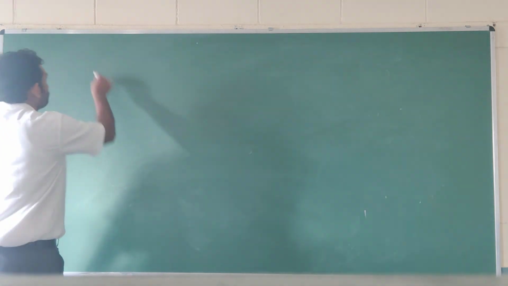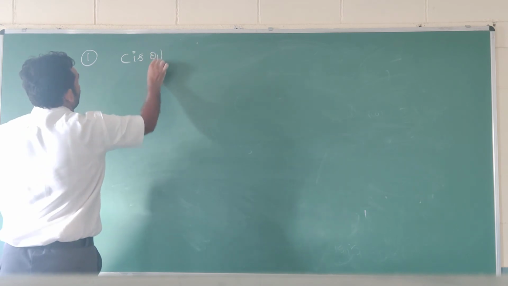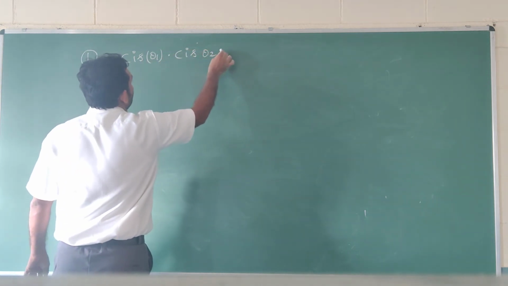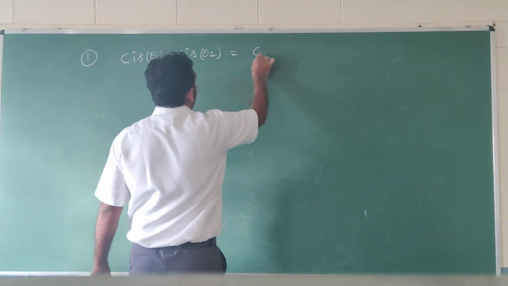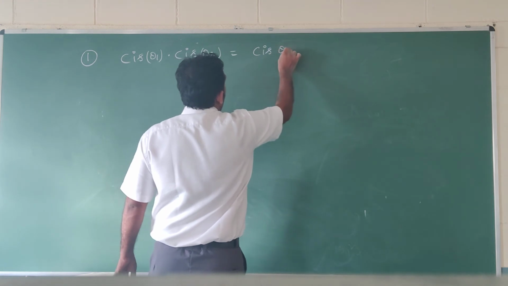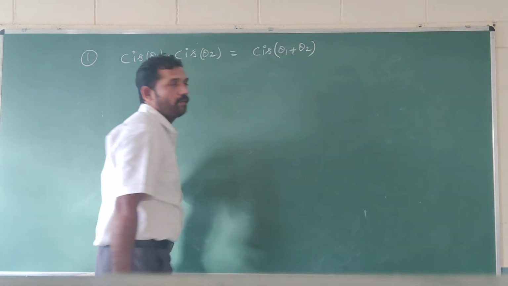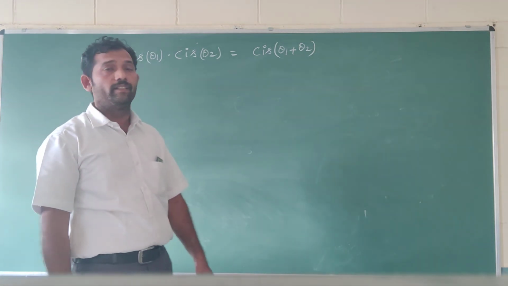First point, cis theta 1 into cis theta 2 is cis of theta 1 plus theta 2.